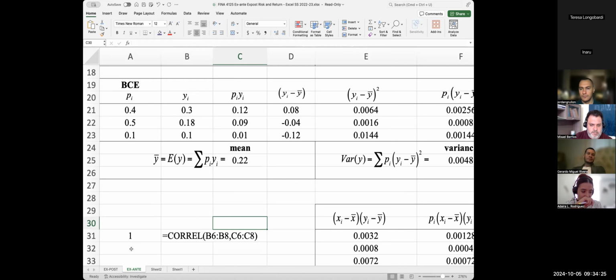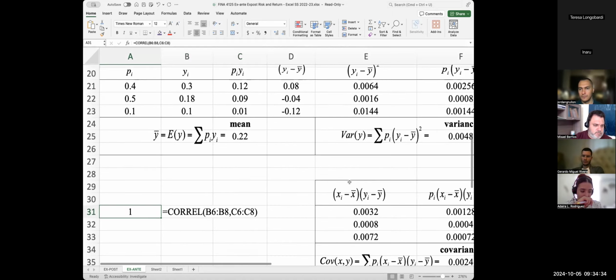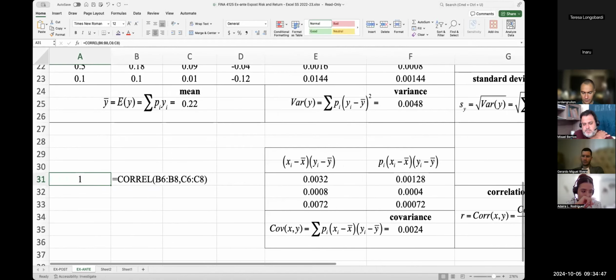Questions about the spreadsheet? Once you have this information, you can calculate the other piece of information. What is the other information you can get from these statistics? The other parameter in this case.